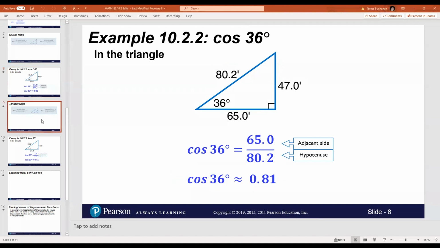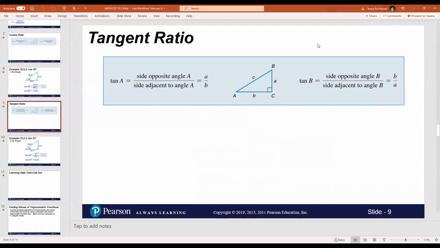The third ratio is called tangent. And in this case, referring, for example, to angle A, tangent is defined to be the opposite length over the adjacent length.